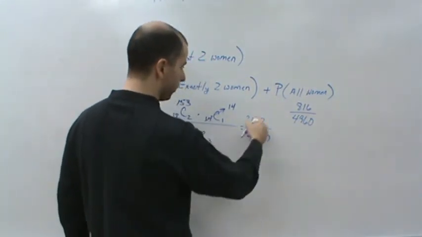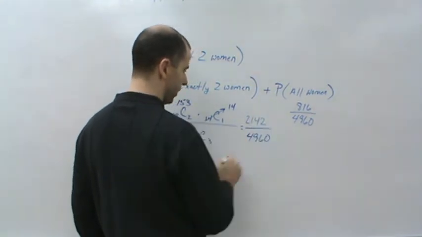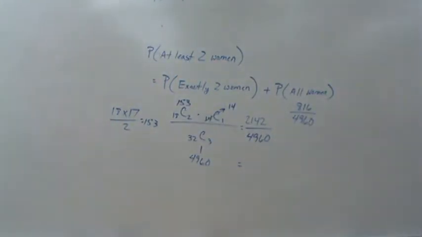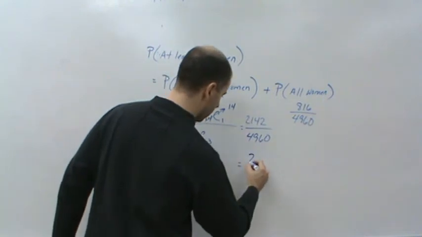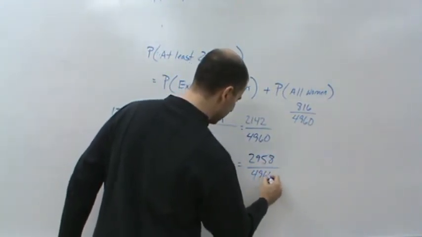Well, if I add both of these probabilities, again, I'm just going to leave them as fractions because it's easier just to add the numerators. So what do I get? Let's add the 816, and I get 2958 over 4960.